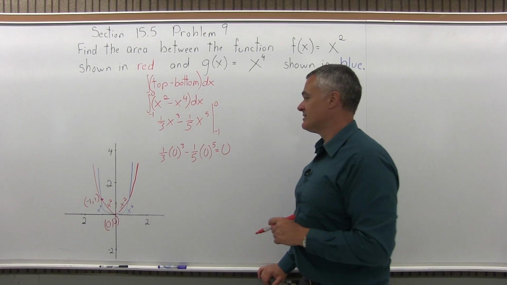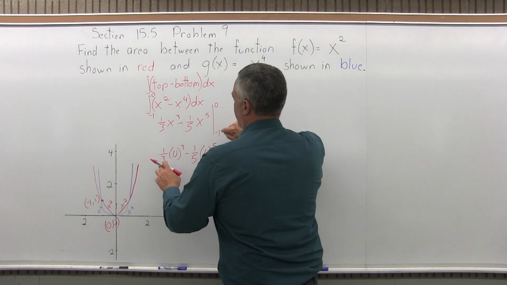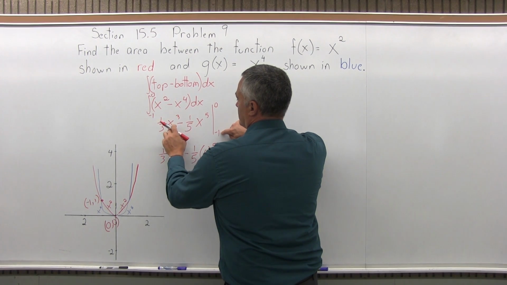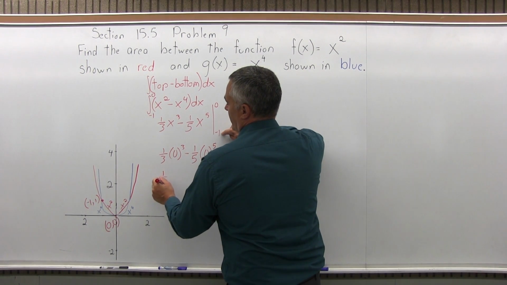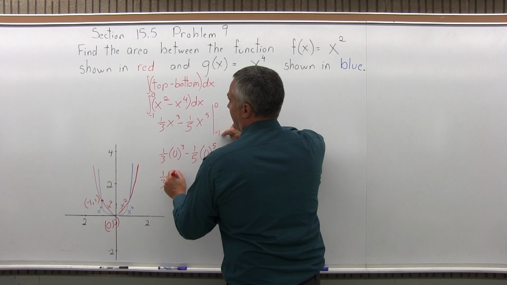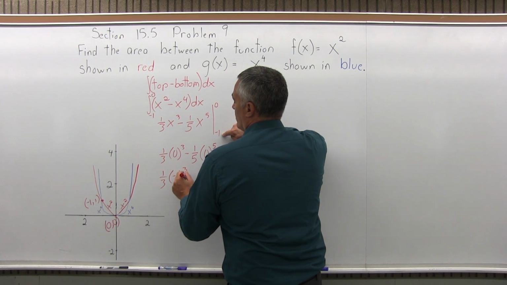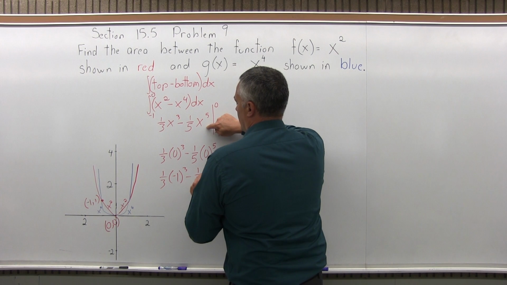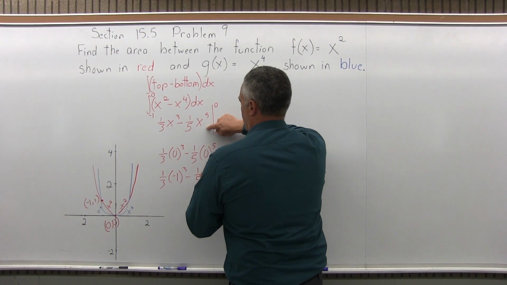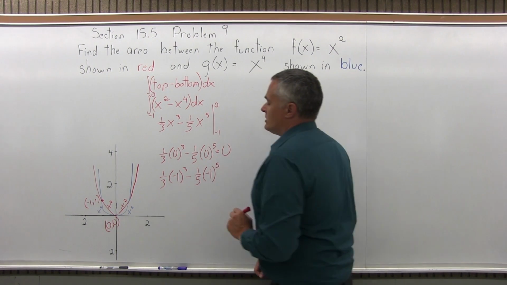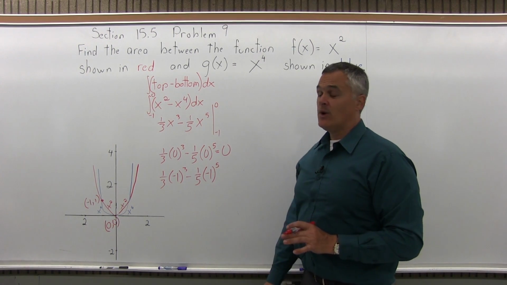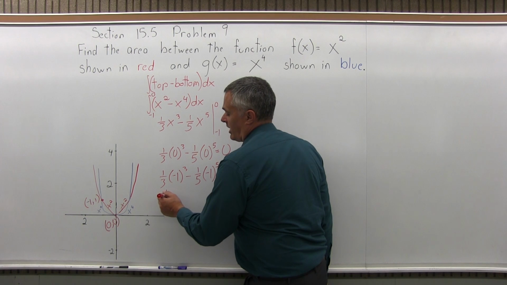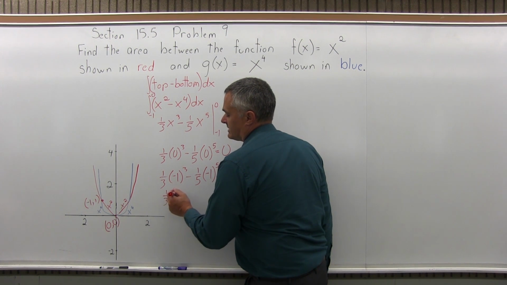Zeros are nice. Then next I'm going to have negative 1 as my lower limit of integration go in for x. So 1/3 x cubed will be 1/3 negative 1 cubed, minus 1/5 x to the fifth will be minus 1/5 negative 1 to the fifth. So watch out for the negative. So negative 1 to the third, it's an odd power, so it'll stay negative.